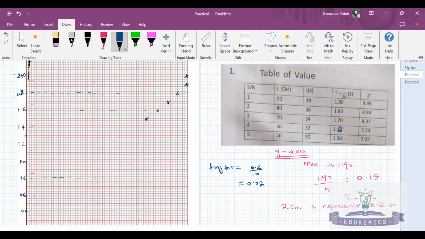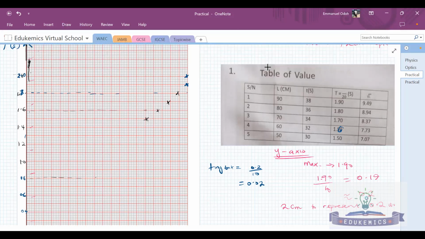Use this line of best fit. Pass through.